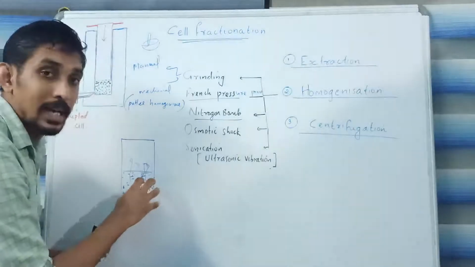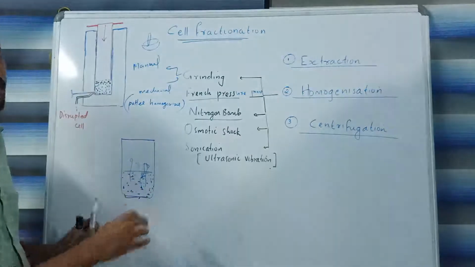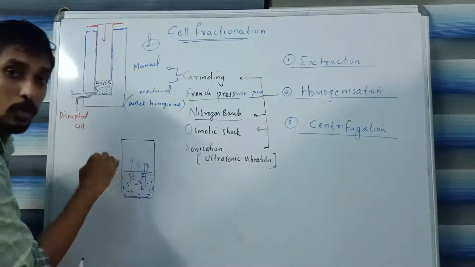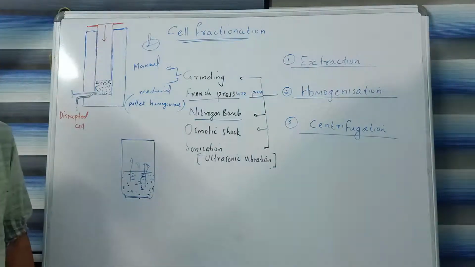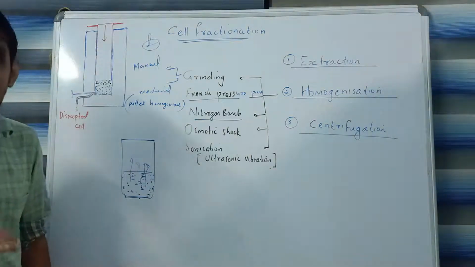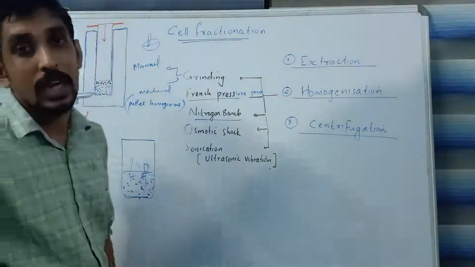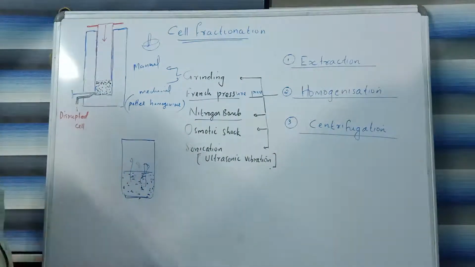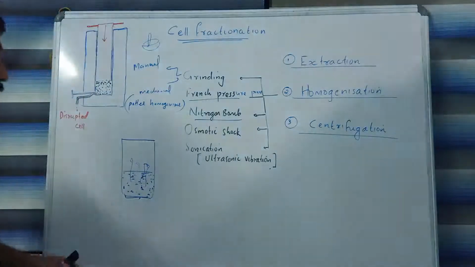So here nitrogen acts as an agent for breaking the cell wall and cell membrane, because when we lower the pressure inside this closed vessel, that sudden decrease in pressure leads to the bubbling out of nitrogen from this liquid suspension, which is mainly responsible for the breakdown of cell wall and cell membrane.